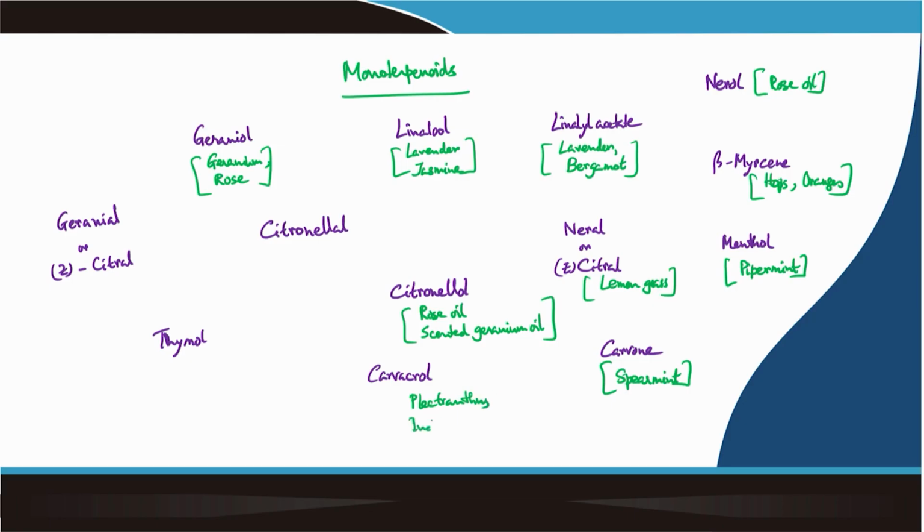Thymol you find in thymus or thyme. Citronella you find in citronella oil, geranium, and citral you will also find in lemongrass.